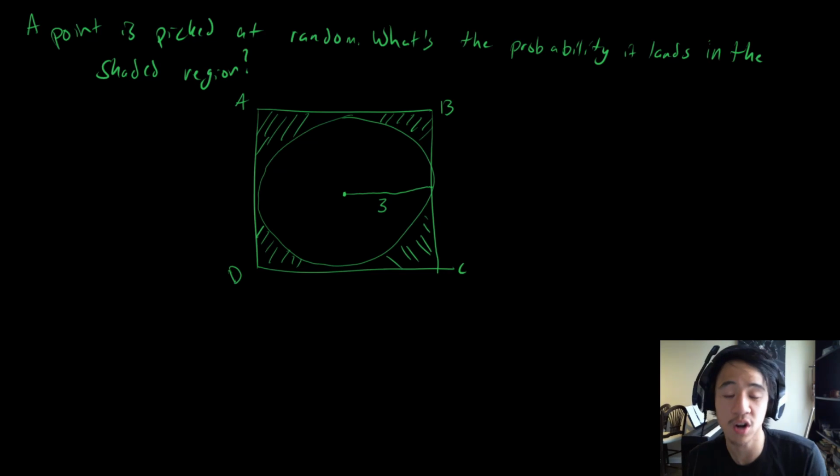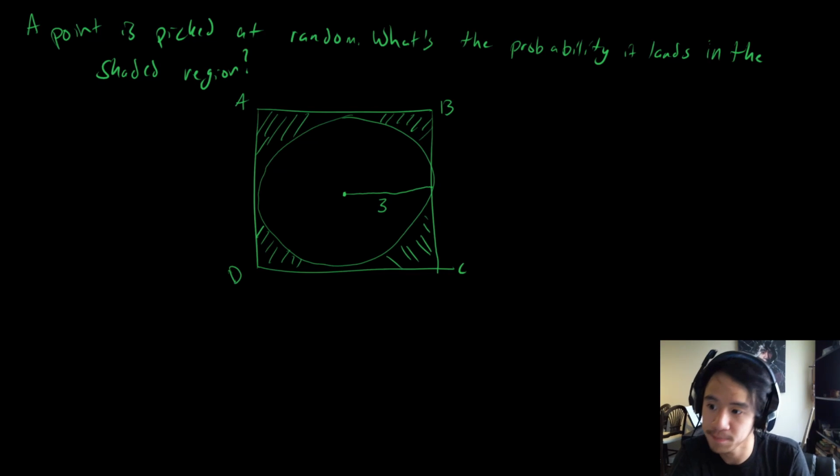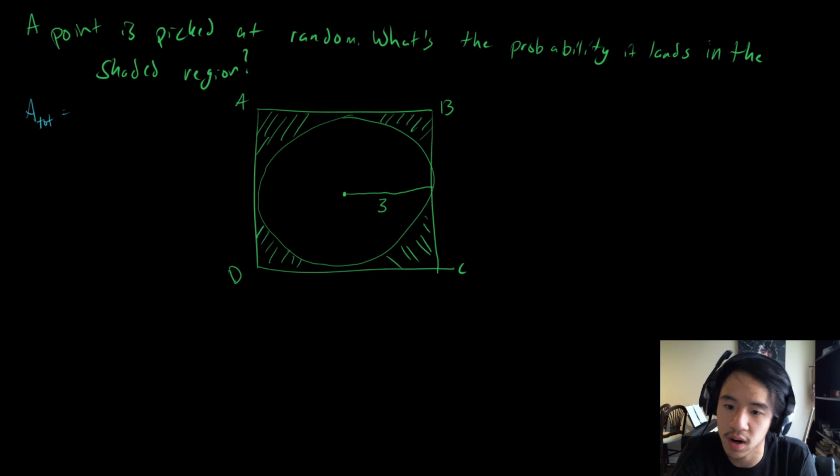All right, so here we got our last example. So we have an interesting case. We got a circle inside of a square. So we're going to do the same thing. We are going to find the total area. And this is going to be of the square, but we don't even know how long the sides are. So let's find out.